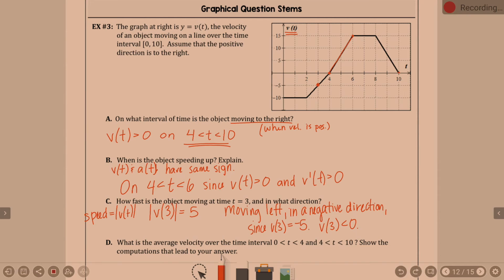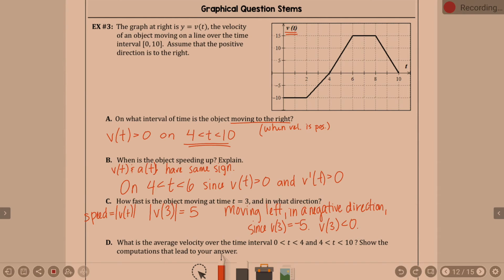Average velocity over the time interval 0 to 4 and 4 to 10? Not 10 to 4. I'm going to say, could you take the points and find the derivative or slope of that? Find an average.